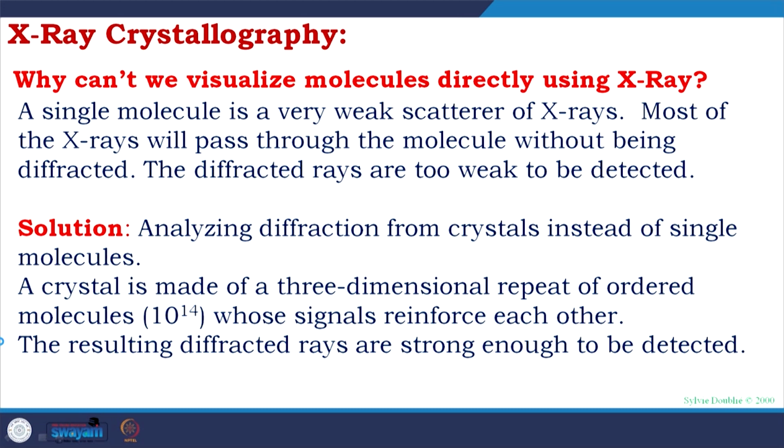So, if you compare, forget about X-ray, one molecule and 10 to the power 14 molecules, you could easily get your answer. The 10 to the power 14 molecules are a much better scatterer, so the signal would be enhanced by a very significant amount compared to a single molecule, and that's where the success of X-ray crystallography is hidden.